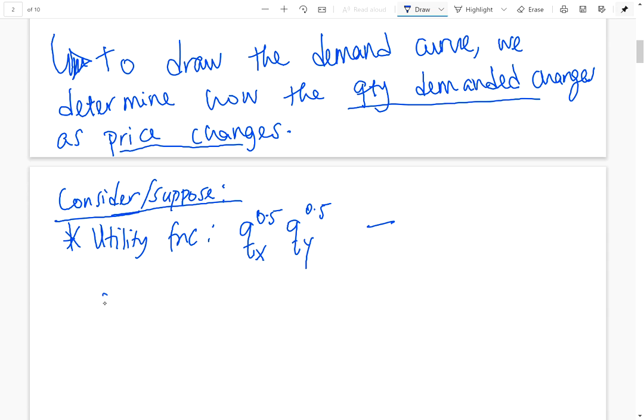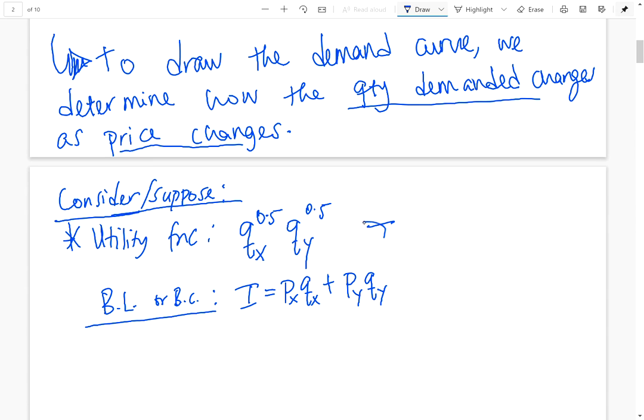We had our budget line or budget constraint. This was income is equal to, remember we just used I for income, is equal to the price of good X times the quantity of good X purchased plus price of good Y times the quantity of good Y purchased.